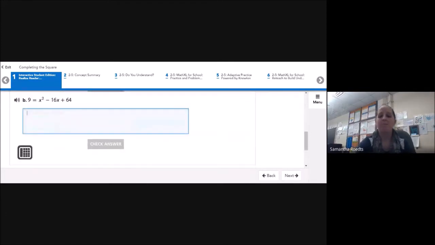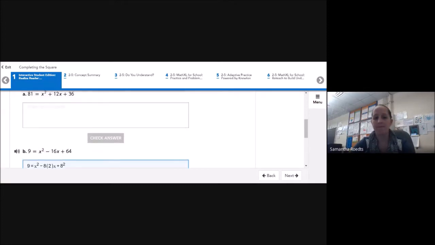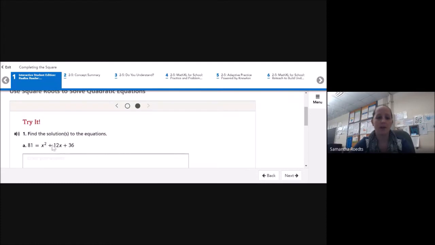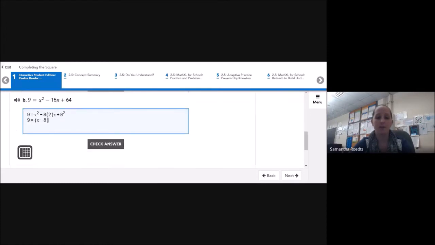All right, when I'm looking at B, I have 9, again, a perfect trinomial, x squared minus 2 times 8x plus 8 squared. When I break this down, this equals x minus 8 squared, because this negative 16 is a minus sign, so minus 8. Notice here it's a plus, so it would have been plus. Again, you can always double check x minus 8 times x minus 8.